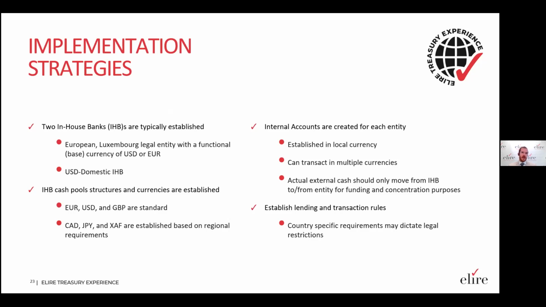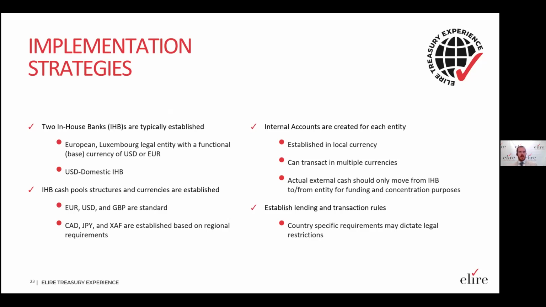Those are typically the standards. So we'll see cash pools there, but maybe we have a particularly high quantity of entities in Japan or Canada or even South Africa. Then we can establish regional currency requirements.